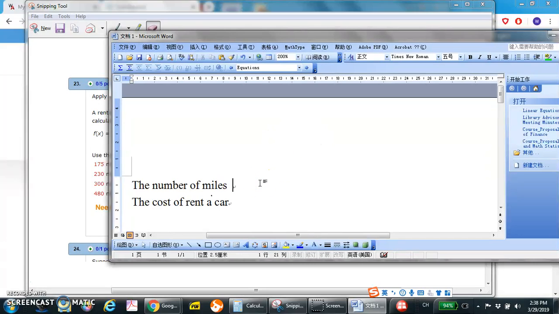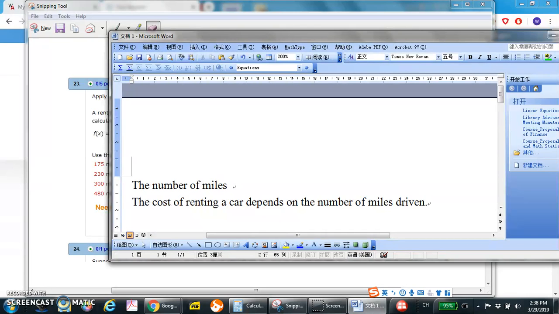Because the cost of renting a car depends on the number of miles driven, right?